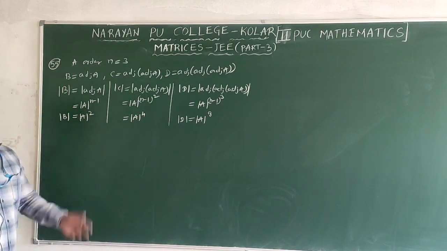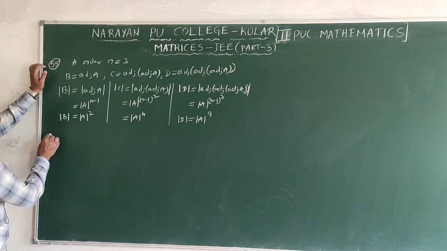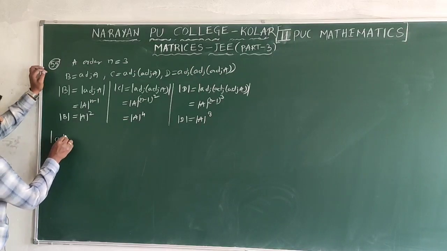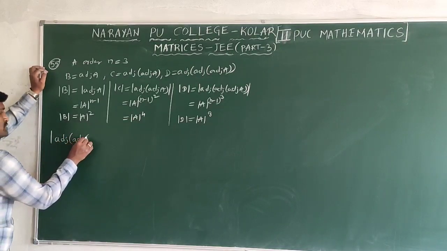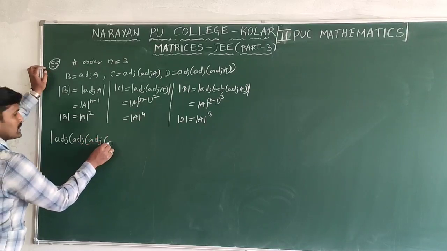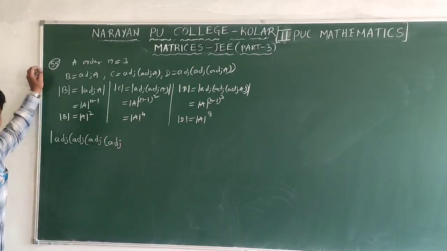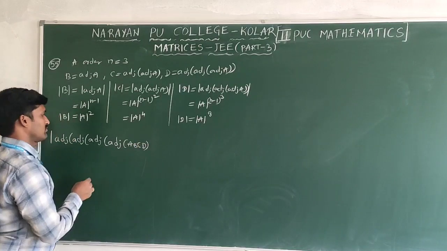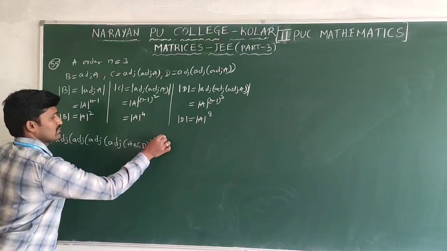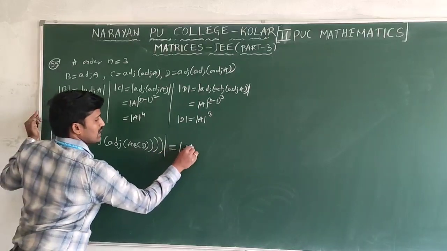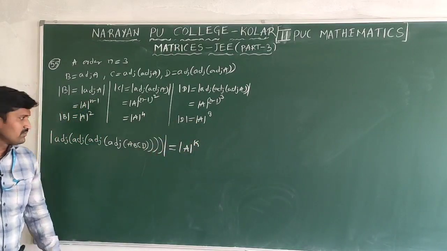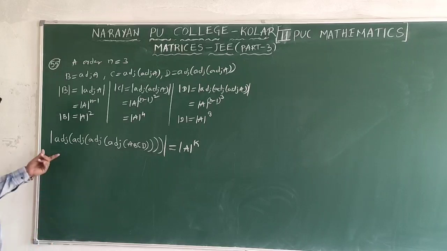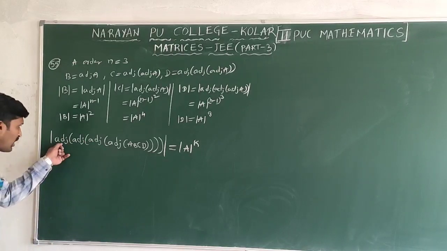Det A directly you will take as a symbol, no problem. Now what are they asking? They gave the adjoint of this 4 matrices A, B, C, D, that is the determinant equal to det A whole power K. Now how many are there here? 1, 2, 3, 4.